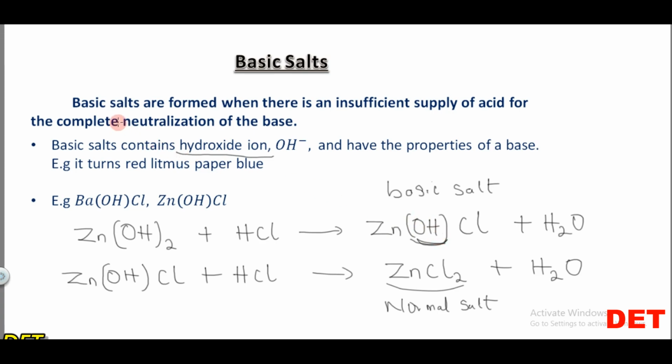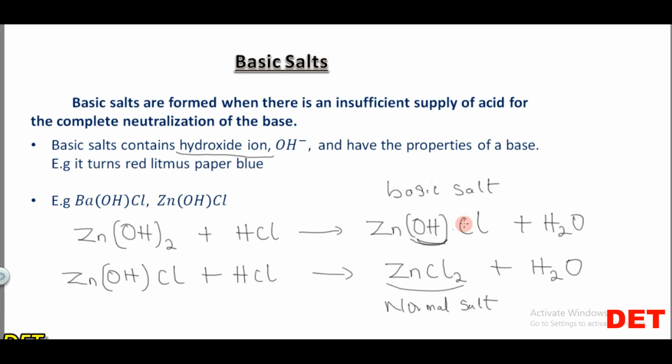Again, basic salts are salts formed when there is an insufficient supply of an acid for the complete neutralization of a base. And it's very important that you know that a basic salt contains hydroxide ion. So whenever you look at a salt and you see hydroxide ion in that salt, it is a basic salt, and it will have the properties of a base. For example, it turns red litmus blue.